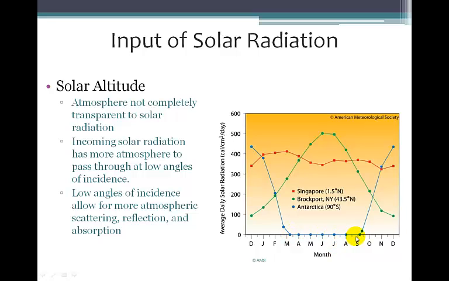There's no sunshine at all at the poles, so zero solar radiation receipt. And then when it becomes summer for the southern hemisphere, the pole turns to face towards the sun and it gets very high amounts of solar radiation. So different profiles depending on the latitude of the location.